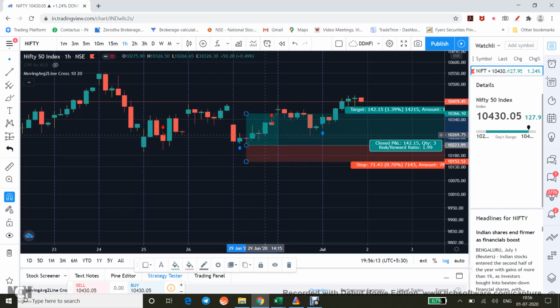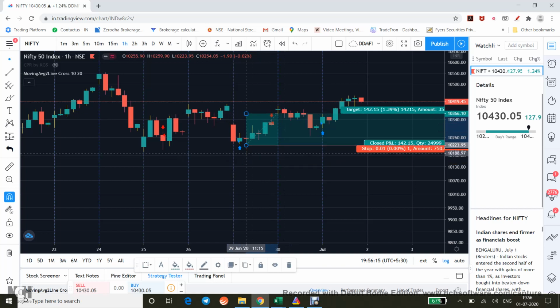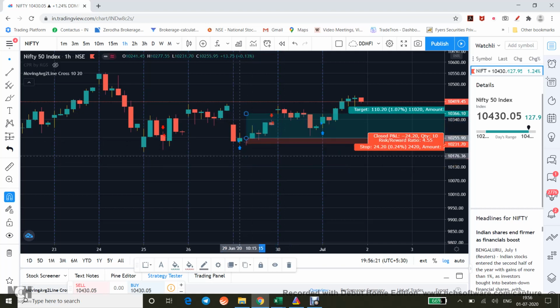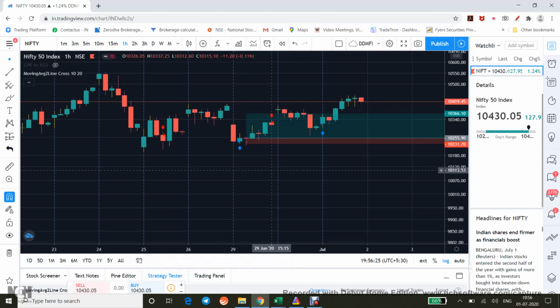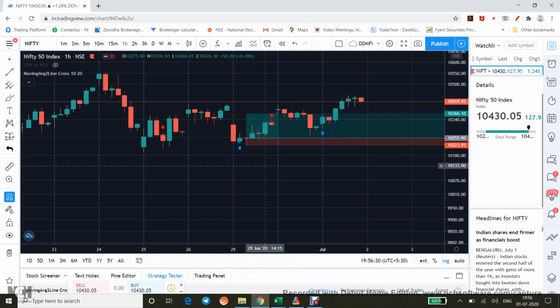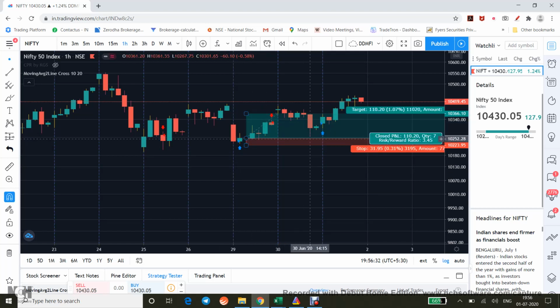Typically you'll exit out here. Here you know that your risk reward was approximately 3.5 is to 1, and you have closed this trade at 110 points profit.